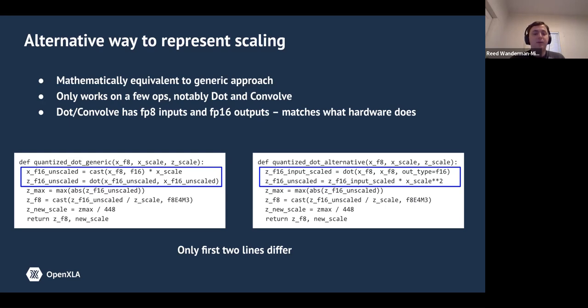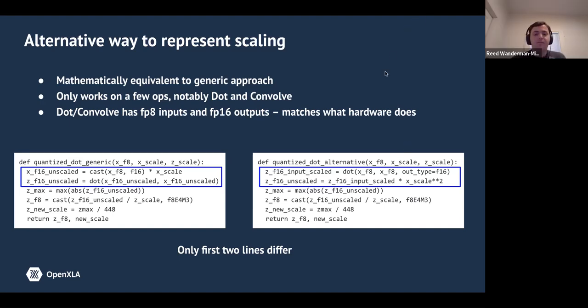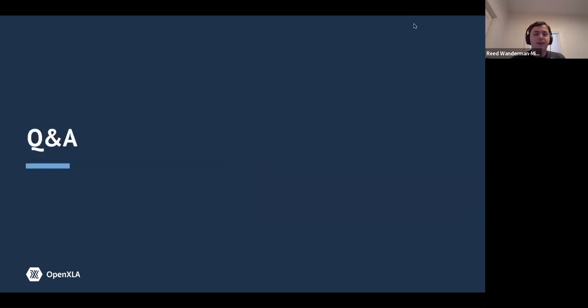And we'll see what people think. Please comment on the RFC if you have an opinion here, or just comment in the Q&A section. Yeah, and that's pretty much it. The next slide is the Q&A slide. So any questions?